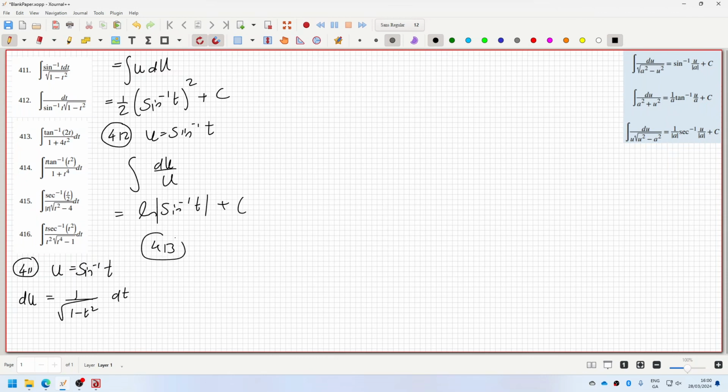For 13, u equals tan inverse 2t. That means du equals 2 times the tan inverse derivative, which is 1 over 1 plus 4t squared.